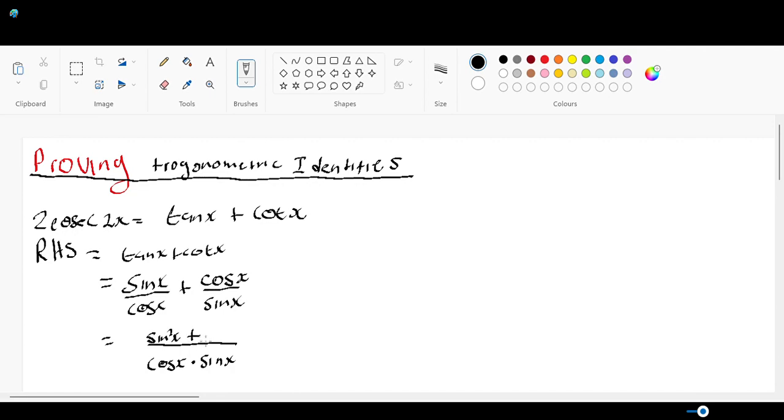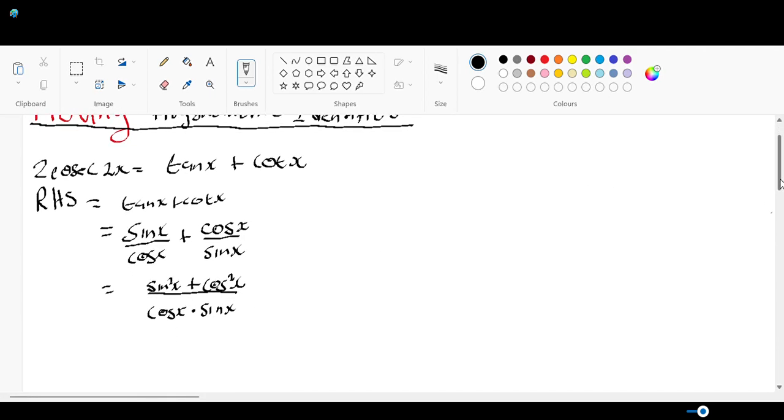Then we have plus, and we do the same thing here. We say the denominator, which is cos multiplied by sine, divided by sine, you're going to be left with only cos. This cos that you're left with, you're going to multiply by the cos as our numerator there. So you're going to have cos squared x.